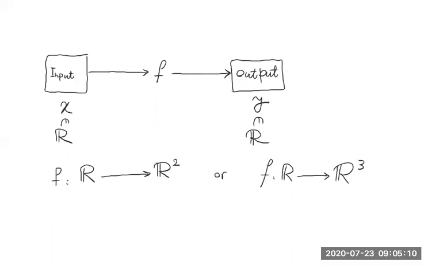So for example, the first one is a function which takes, again, a number, because note that the domain is still something one-dimensional, but the target or codomain is something two-dimensional.